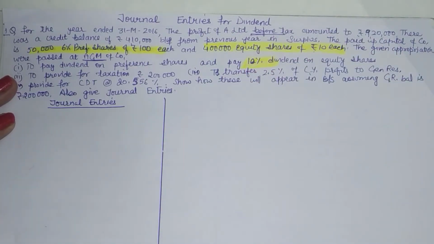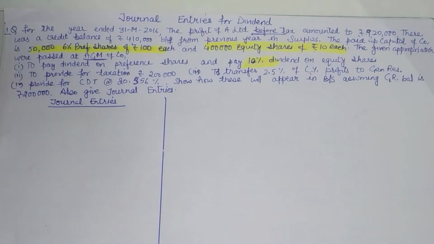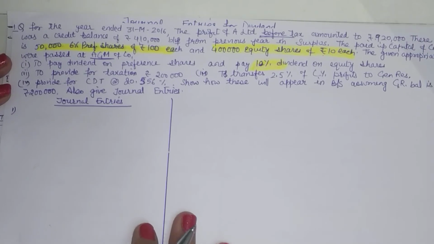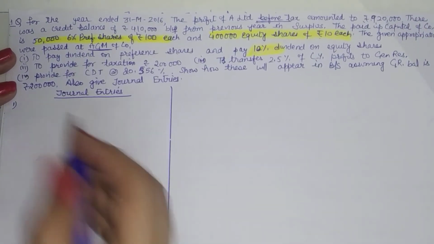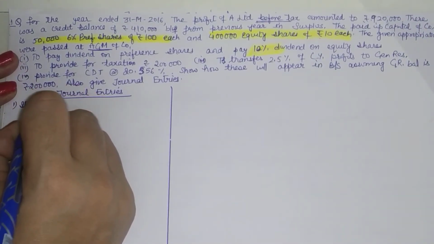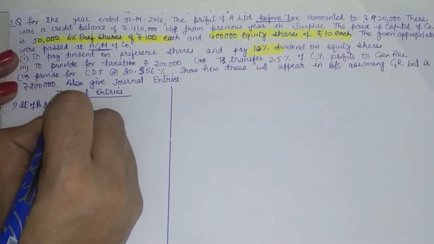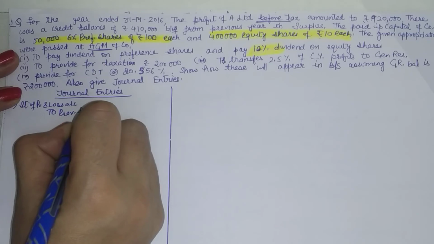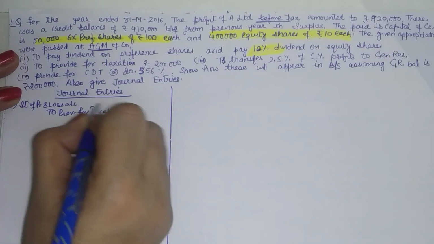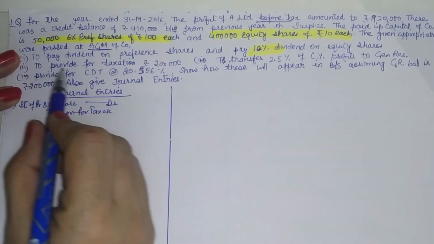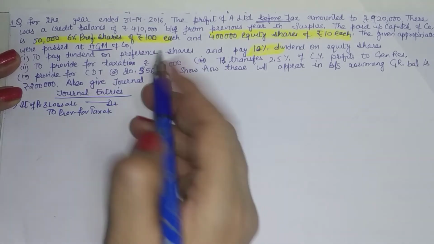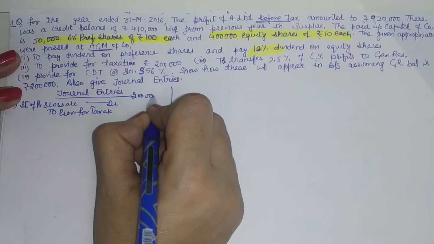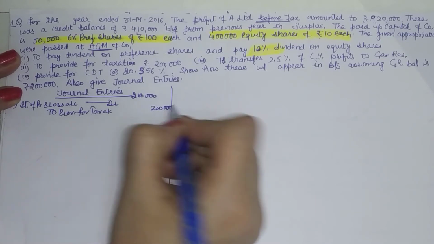You need to first provide for the tax, then this amount must go into surplus account. So first of all, we'll provide for taxes out of income statement. So statement of profit and loss account to provision for tax account. So we are to provide for how much? 2 lakh rupees of taxation. 2 lakh and 2 lakh.